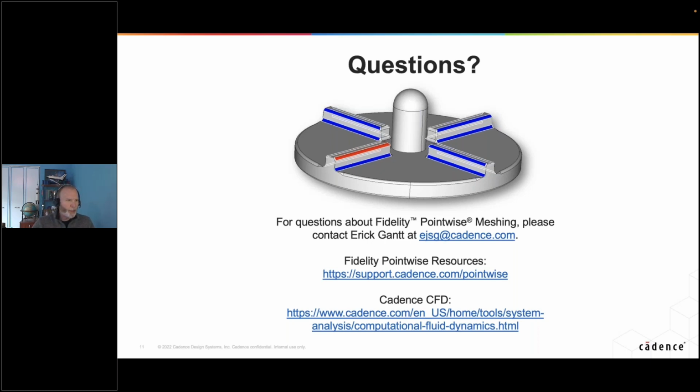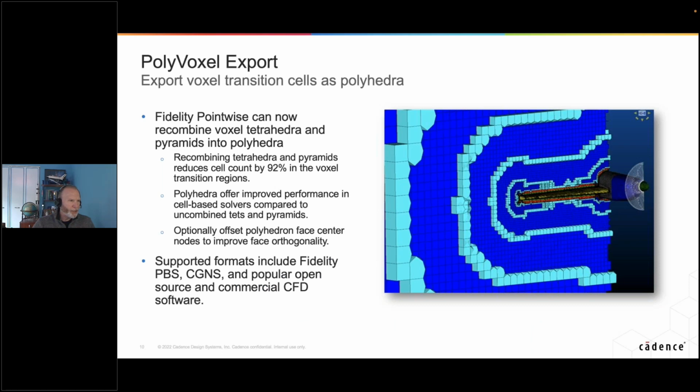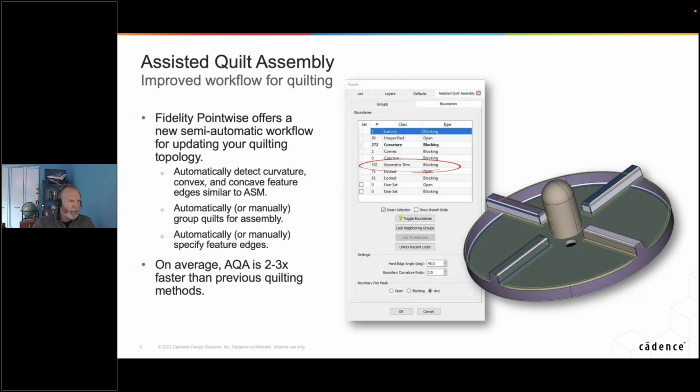Yeah, that's a good question. I think it's actually mentioned here on the slide. For this initial work that we've done, we have found, in the bottom bullet there, a good 2 to 3 times speedup over the manual work that you needed to do in Fidelity Pointwise previous to this.